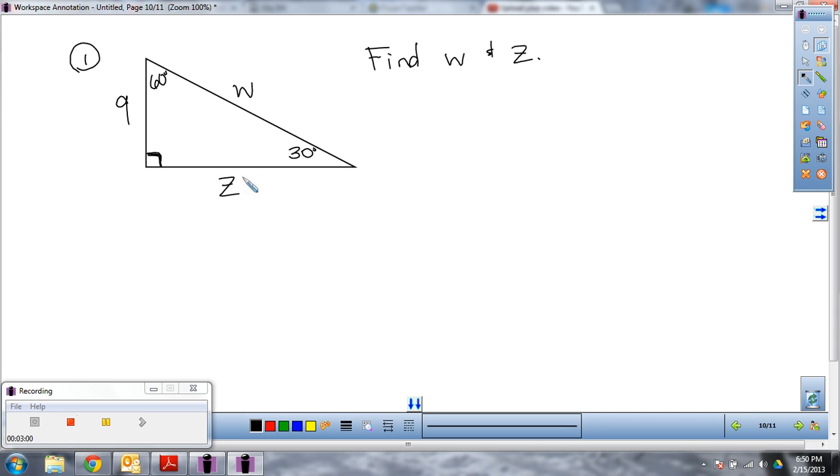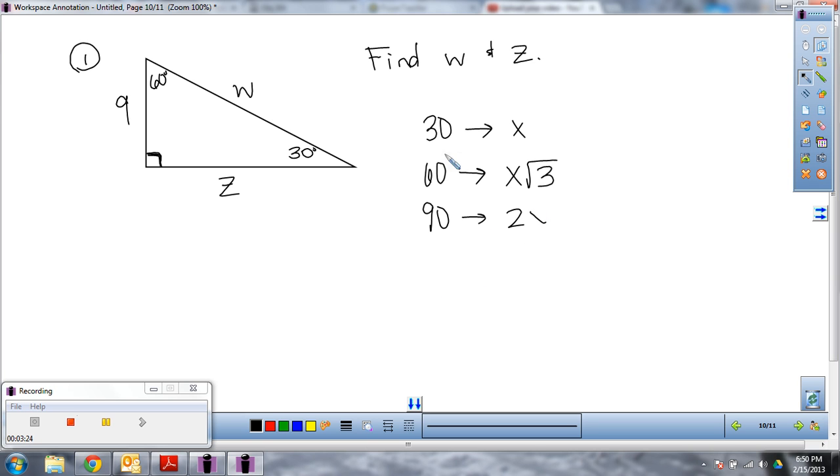So now we can use this information and use our formulas to help us find W and Z. Again, we know that across from 30 will be represented by x, across from 60 will be represented by x square root of 3, and across from 90 will be represented by 2x.